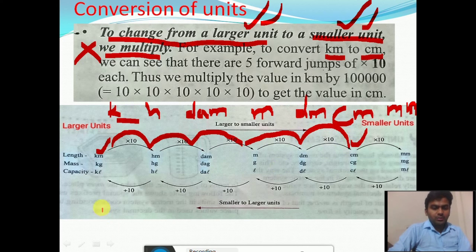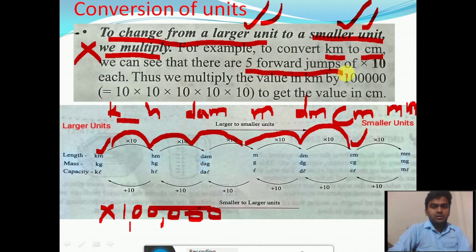So you have to multiply by how many times of 10? 5 times of 10. 5 times of 10 means how many zeros after 1? 5 zeros after 1. So you have to multiply the given number by 1 lakh. So 5 forward jumps of 10 each. Thus we multiply whatever value is given by 1 lakh.